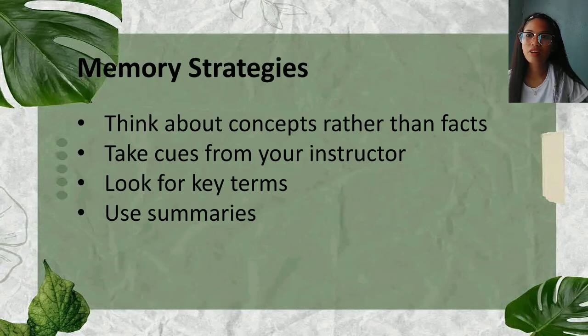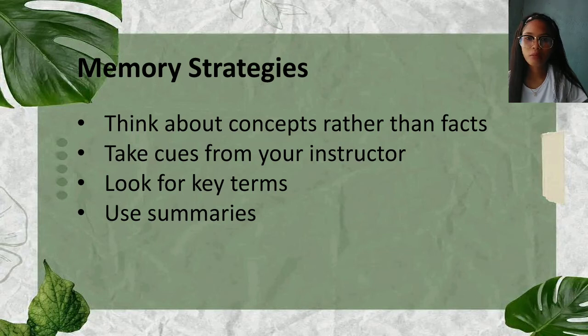I have listed down memory strategies for us to decide what to study and what we need to know. The answer is to prioritize what you're trying to learn and memorize rather than trying to tackle all of it. Below are some strategies to help us do this. First, think about concepts rather than facts.